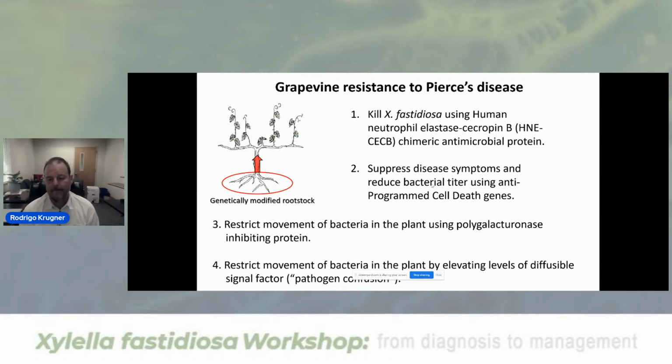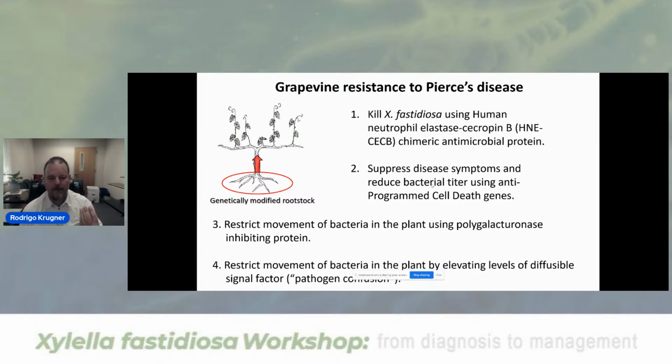Another approach is to suppress the symptoms. So you still have Xylella on the plants. The titer, I mean, the population density of the bacteria, can be a little bit lower compared to a susceptible variety, but it reduces the symptoms on the plants. The third one is restricting movement of Xylella fastidiosa.